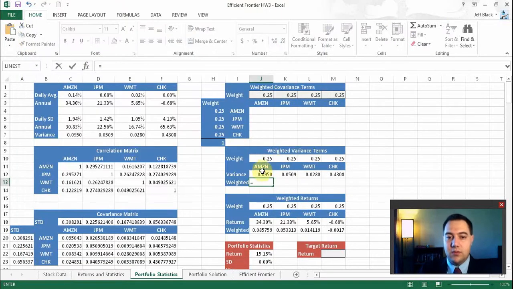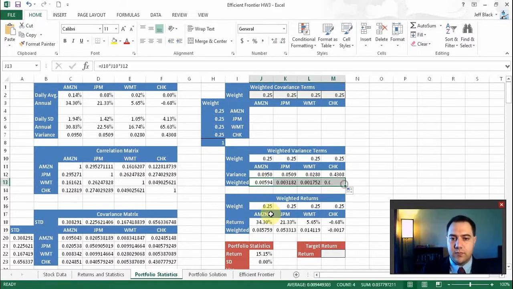Okay, so I'm going to have that equal the weight squared, okay, times the variance. You'll notice instead of actually using the caret 2 for squared, I'm multiplying it by itself. That's not really that important for a project this small. As your projects get bigger and bigger in Excel, this is actually faster for the computer to calculate. Okay, so now I have my weighted variance terms.